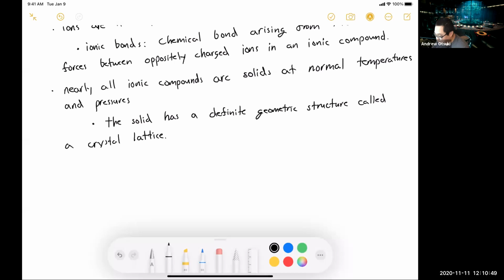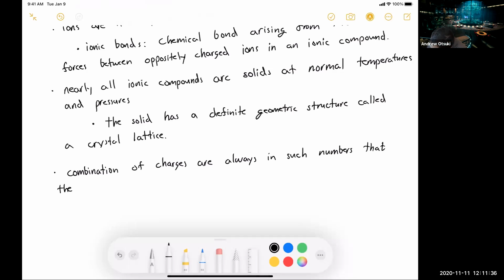So another thing about ionic compounds is that the combination of charges is always in such numbers that overall the ionic compound is electrically neutral. I'll give an example of this.